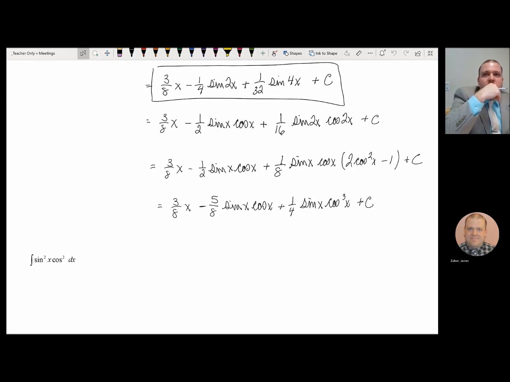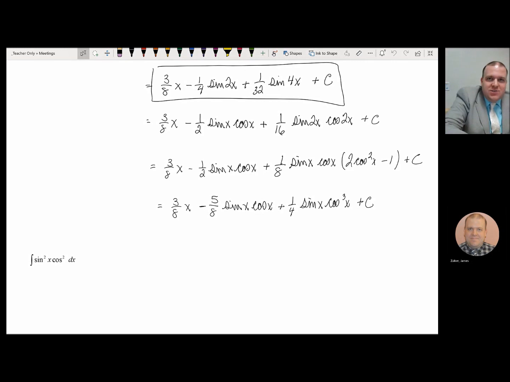That's not going to work. So we're going to have to use the Pythagorean identity, sine squared plus cosine squared equals 1, to either rewrite sine squared or cosine squared. It does not matter which one.